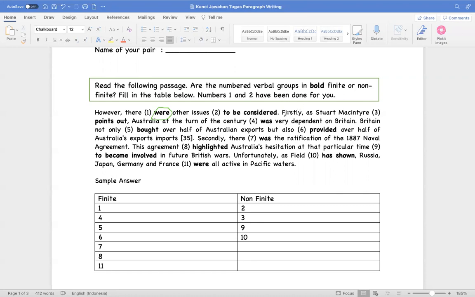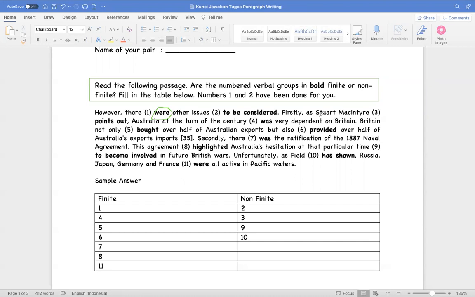And then the next one, we have a very special form of sentence. We have this: Firstly, as Stuart McIntyre points out, Australia at the turn of the century was very dependent on Britain. So I guess that most of you are trapped in this issue.